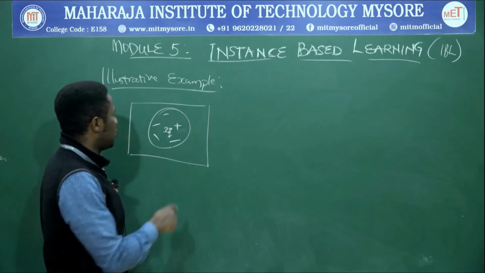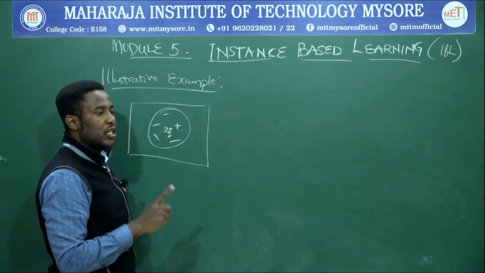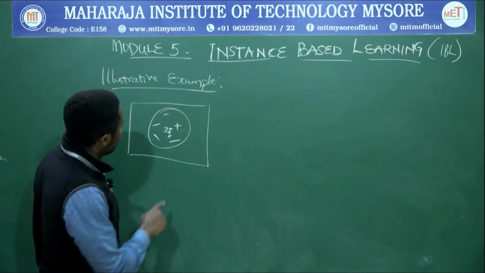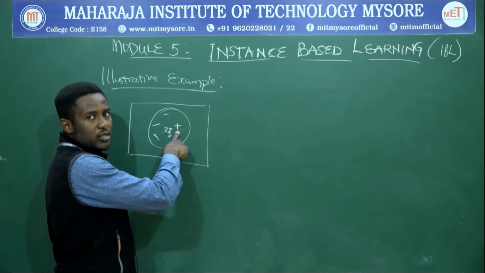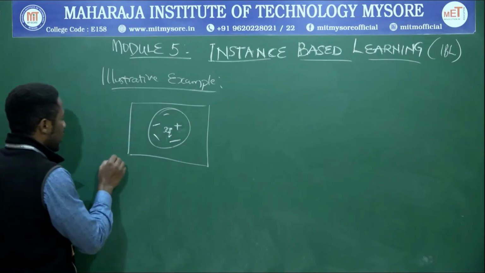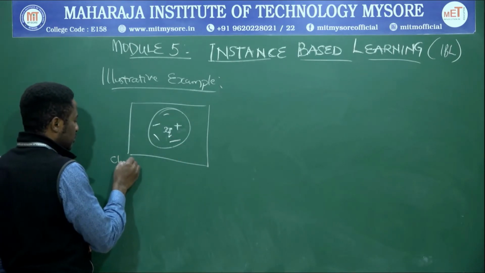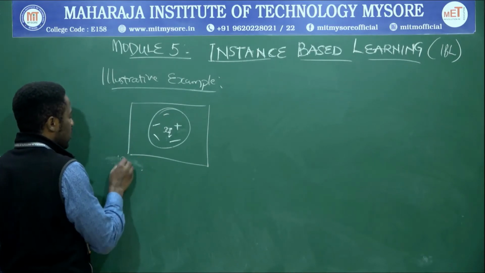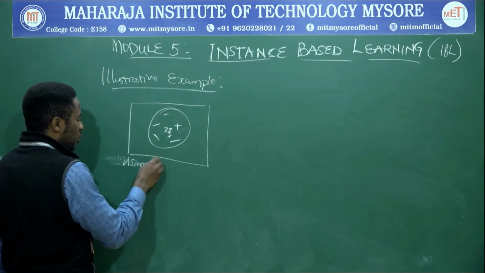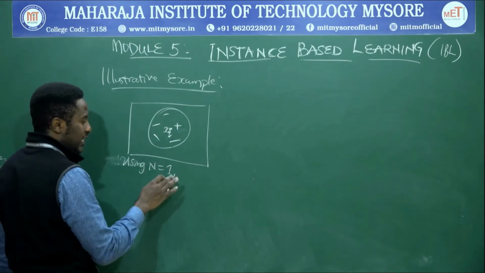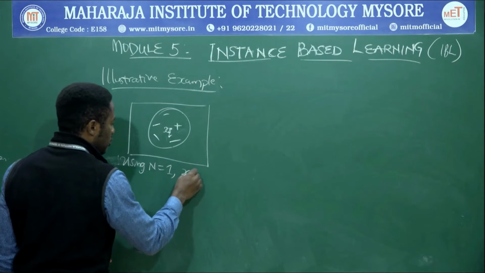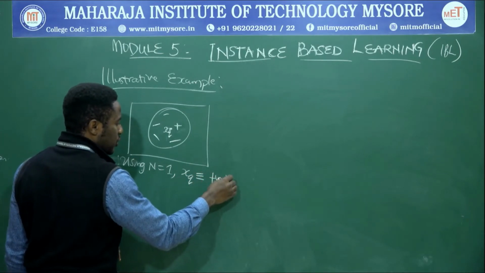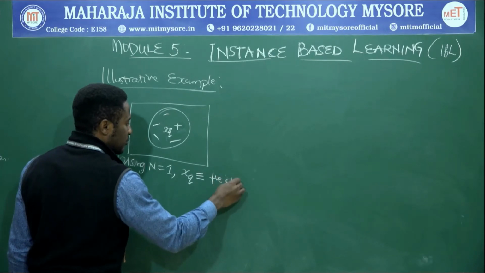So the new instance x_q, if I choose one nearest neighbor, it makes sense that this is closest to the positive. Using n equal 1 nearest neighbor, x_q will be assigned to the positive class, no doubt.